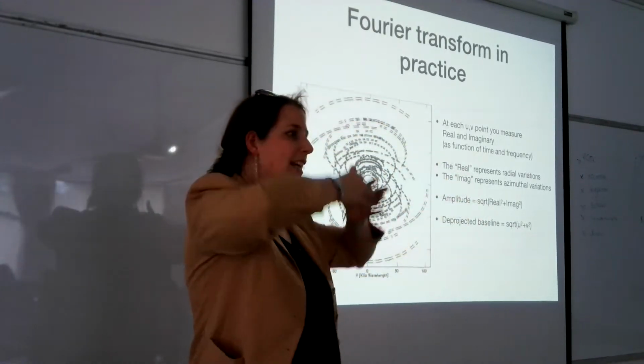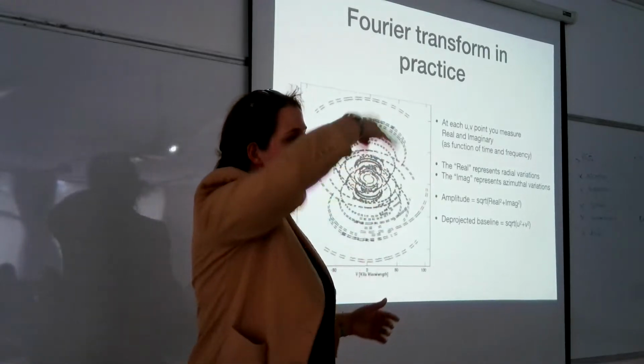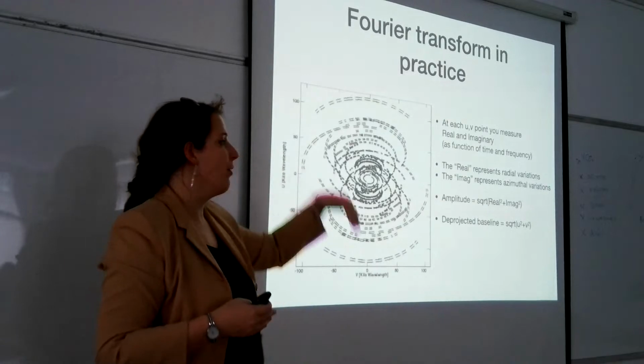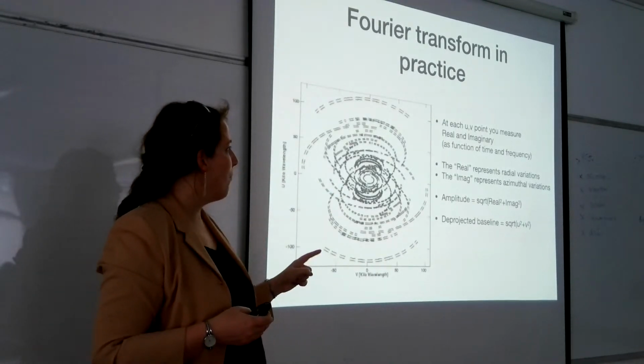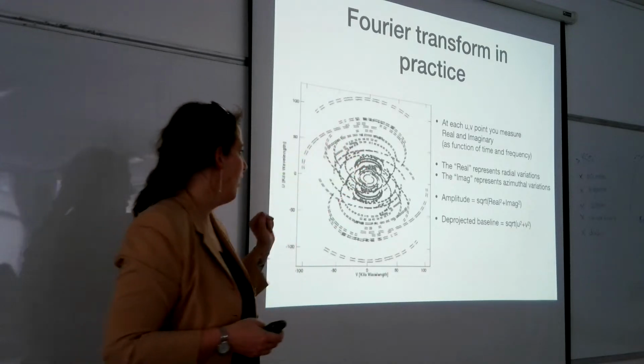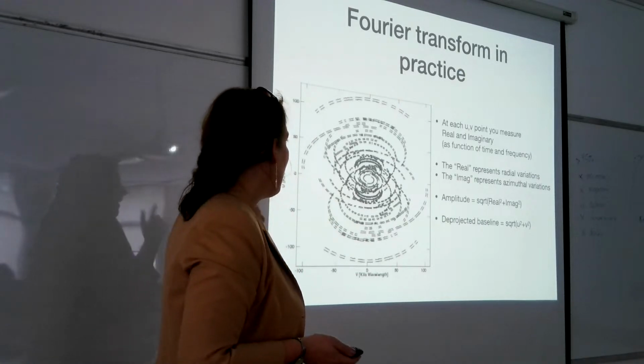So whatever changes in the radial direction in your disk, for example, if there's a gap, is going to have an impact on how your real curve looks. The imaginary part represents azimuthal variations or phase variations. So this is mostly important if you have an instrumental piece.